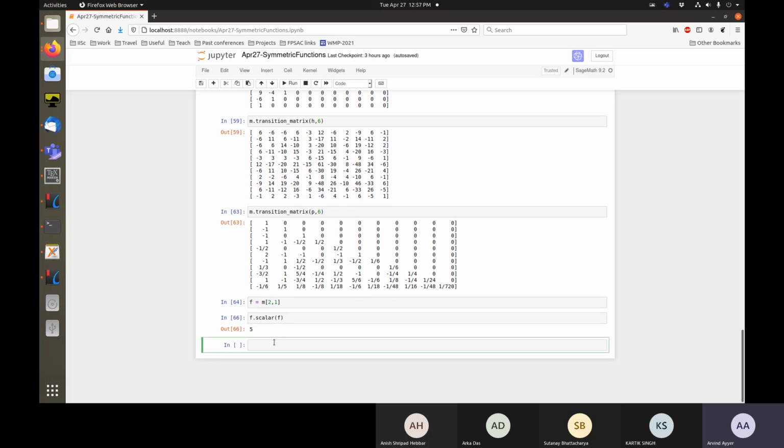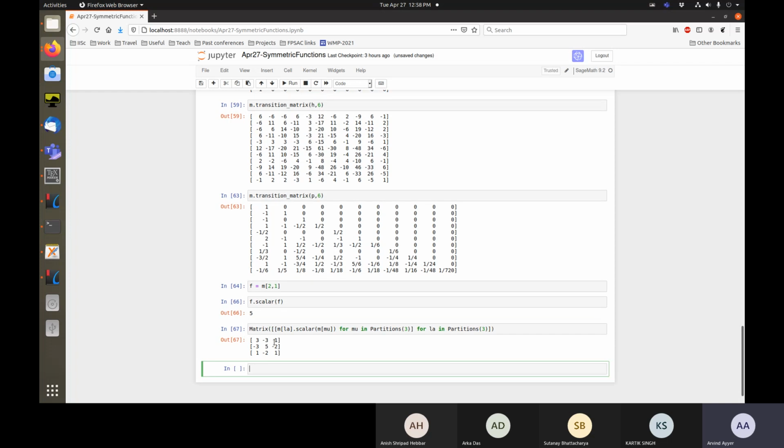What we can do is construct the matrix of all scalar products of m lambda with m mu for mu in partitions of 3.